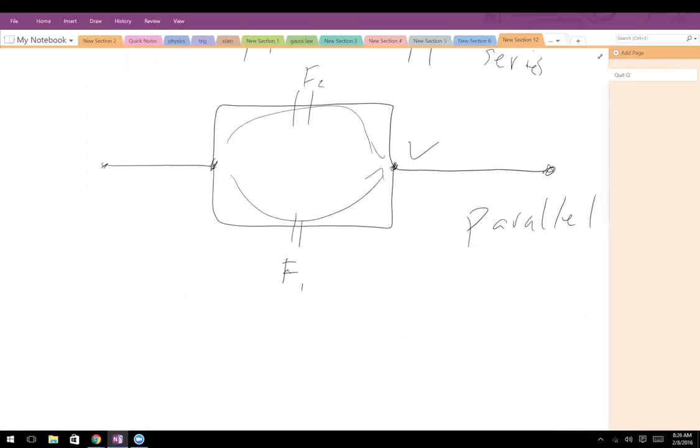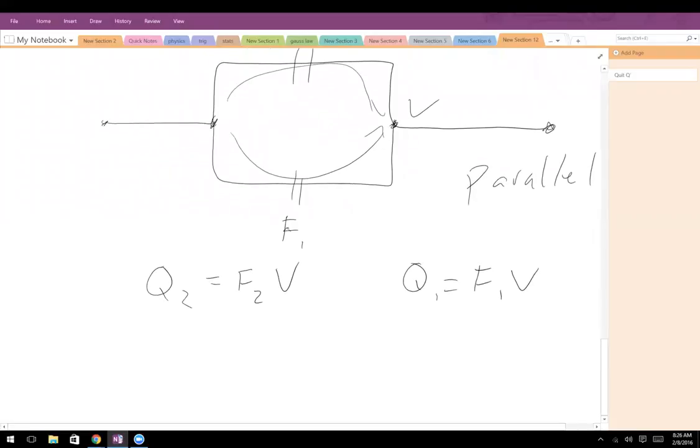So my charge on my top plate is F2V. The charge I'm going to build up on the bottom plate is F1V. It should be the same if the capacitors are the same.